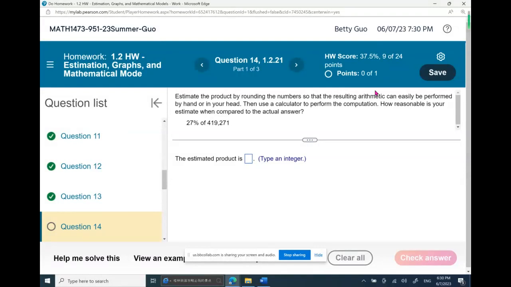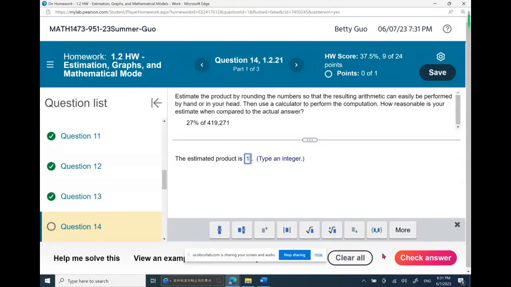And I should be able to find the multiplication. 30% of 400,000 gives me 120,000. I can do that in my head. Type an integer. That is an integer.